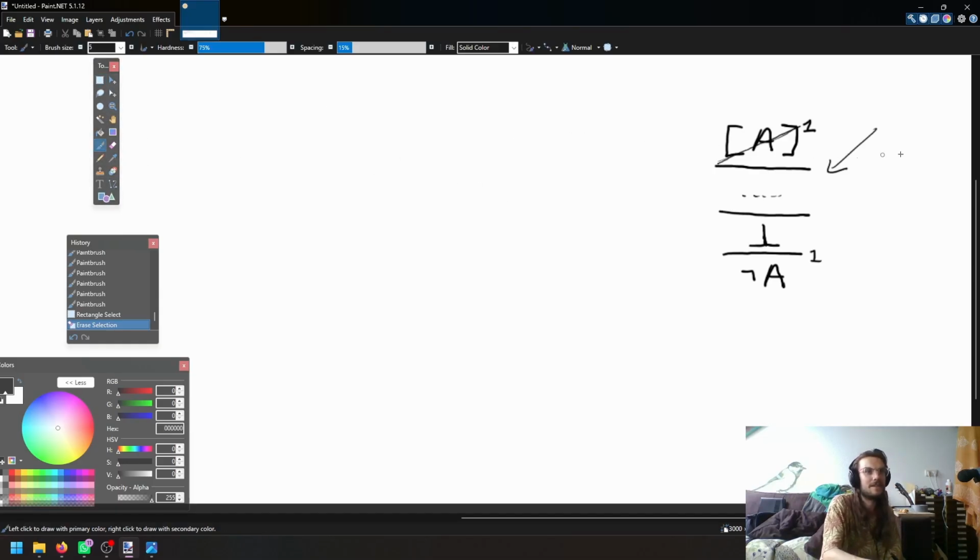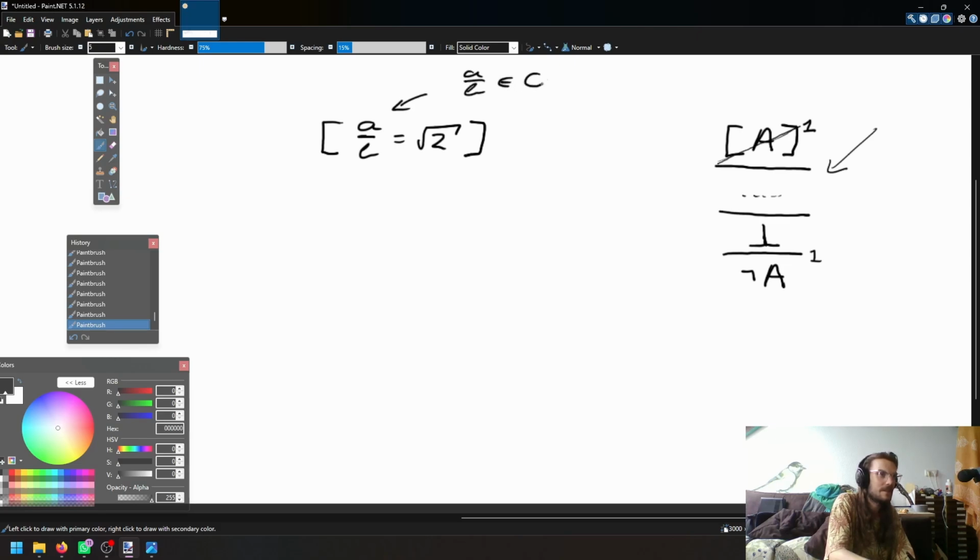Let me explain this again. Our assumption was a over b equals the square root of 2. And a over b is a general quotient here. So we can write a over b is an element of the quotients.